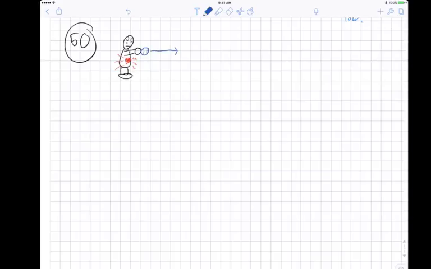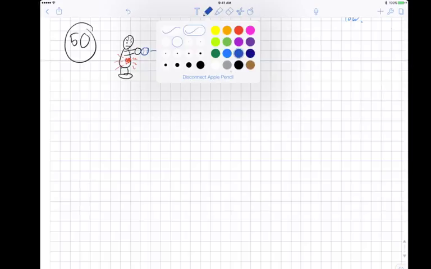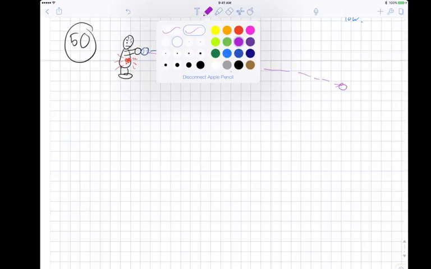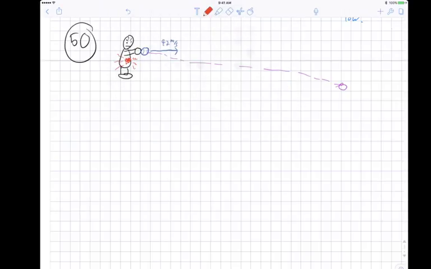42 meters per second. Okay, so just like in the previous one, this is going to drop. I don't know how far. The place I'm interested in is a location which is 18.4 meters away.